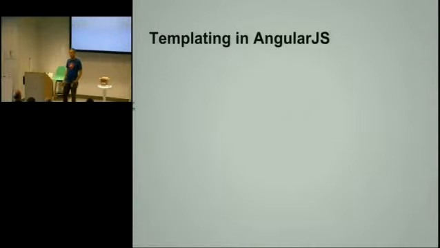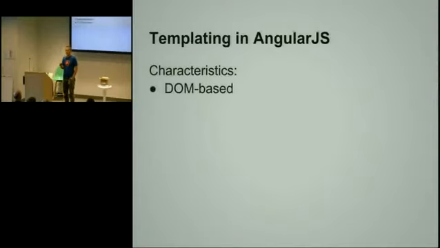Let's start with templating first. So templating in AngularJS is DOM-based. And this is very different from anybody else out there. DOM-based means that we are not working with strings. We're actually letting the browser parse our templates, create the DOM tree, and then we traverse the DOM tree and look for things that tell us, oh, there's a data binding here, I need to do something about it.